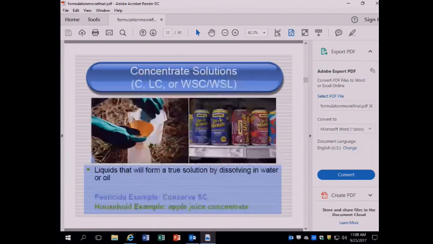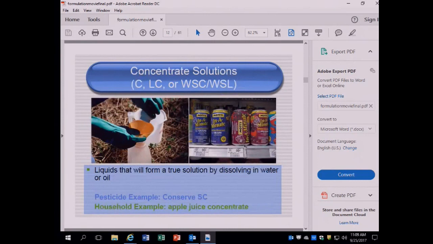Talk about concentrate solutions. So the abbreviations that we use there are the C, the LC, the WCS, the WSL. They are liquids that form true solutions by dissolving in water or oil. A household example would be apple juice concentrate.